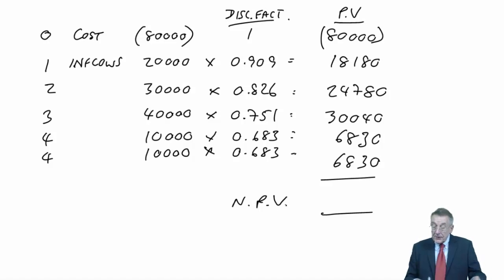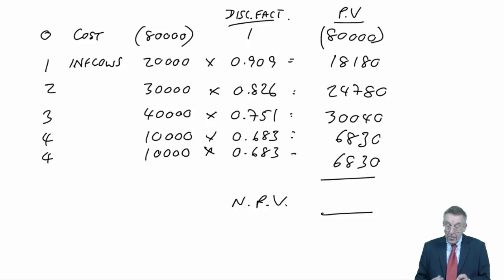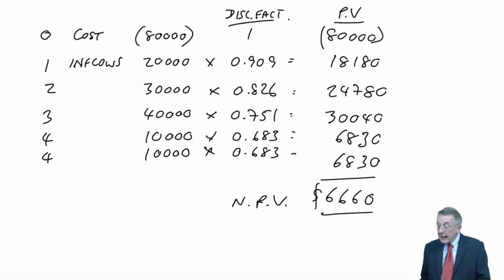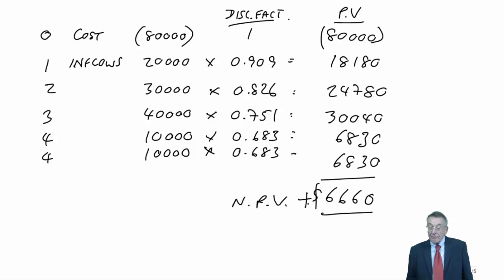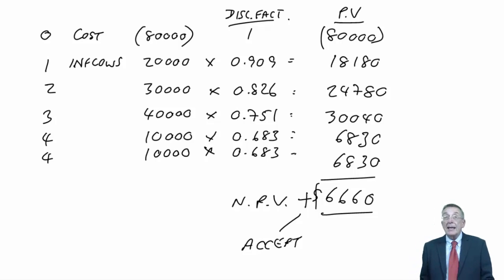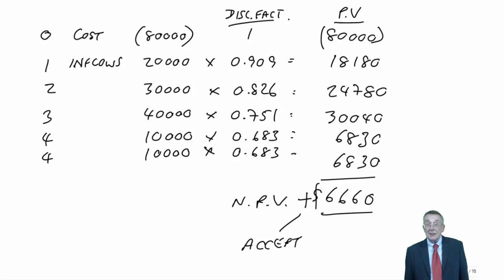Add up the inflows, subtract the outflows, so 18,180, 24,780. That's 6,660. And it's positive. The fact it's positive means we make a surplus after accounting for interest and therefore we'll accept. Again, were it negative, we would reject.